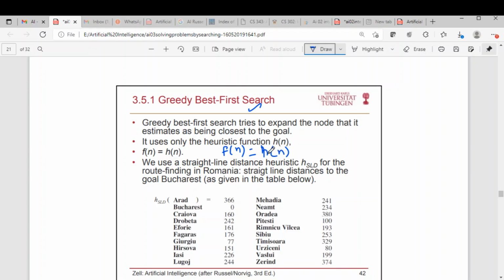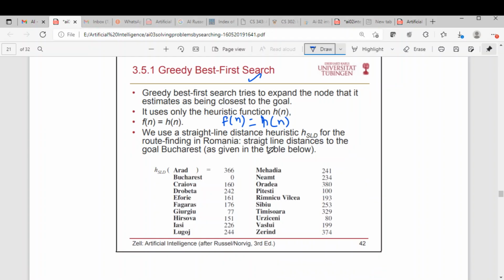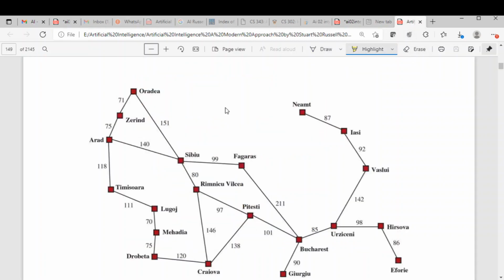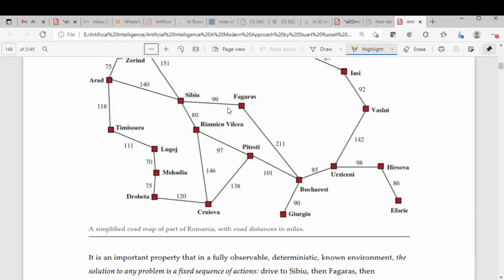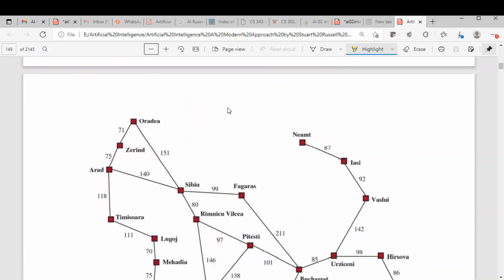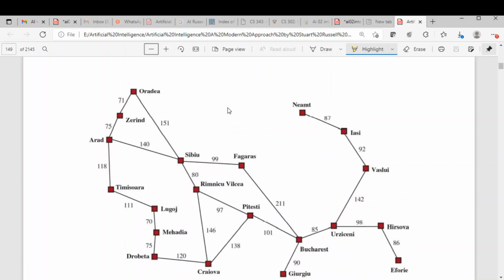Now let us recall the route finding problem we previously discussed. This is a graph of Romania where different cities are there, and the cost of reaching from one city to another city is specified in this graph.